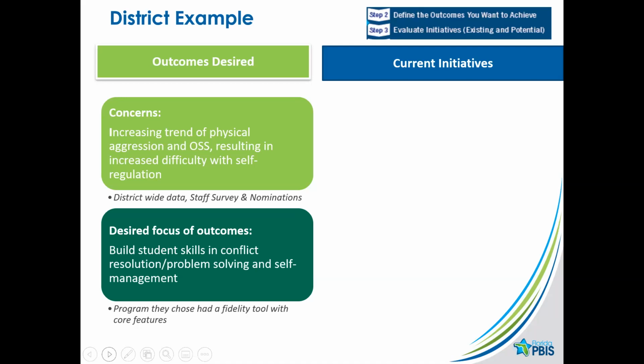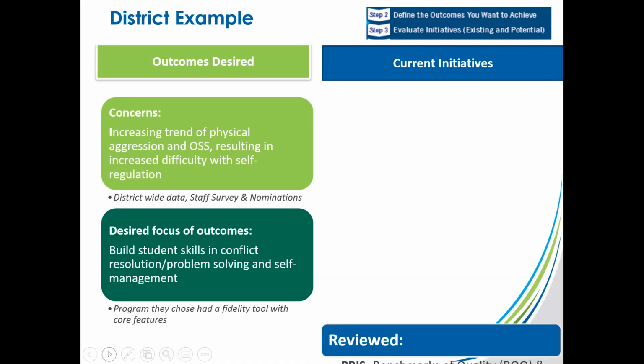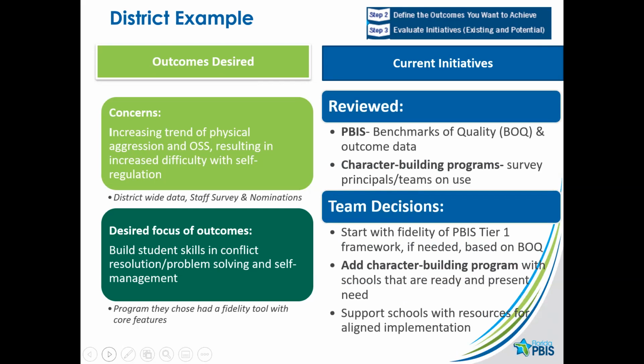So from that district lens, really thinking through action planning for the integration to make sure that adults have the skills and comfort with the materials, that they feel like they've gotten the professional development needed, and they have access to be able to really implement this character building program or resiliency building education.